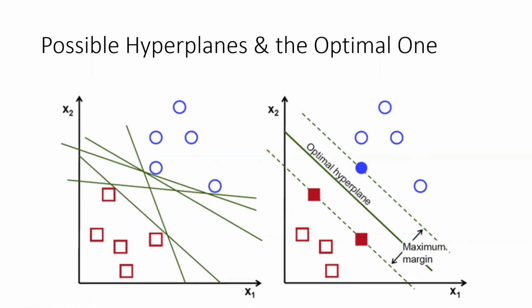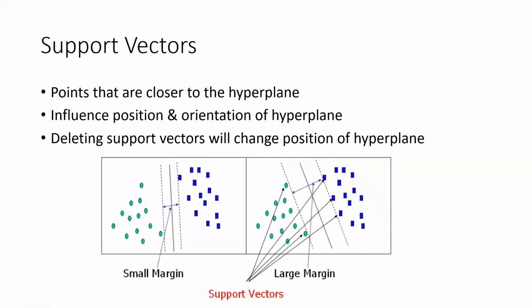Let us call one class the square class and the other the circle class. The optimal hyperplane is the one which achieves the maximum margin, or the maximum separation, between these two classes. How exactly that works, we will look into in the subsequent slides.